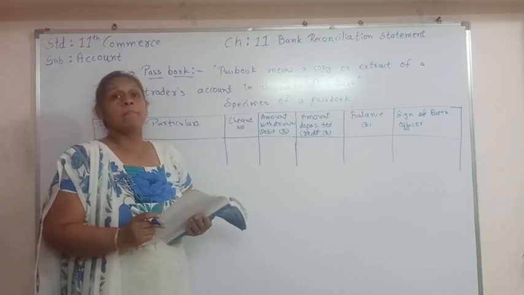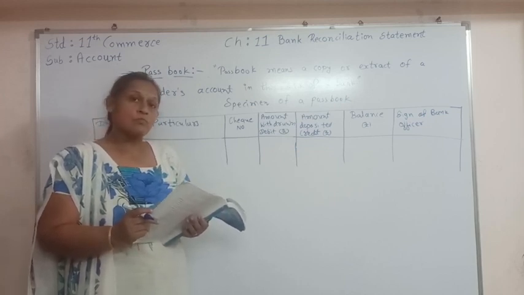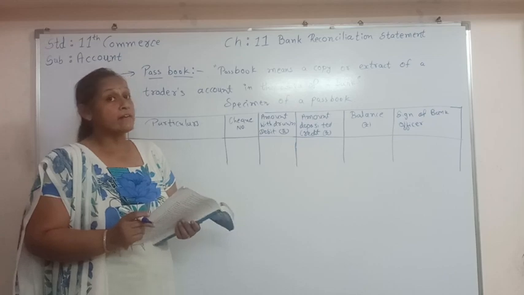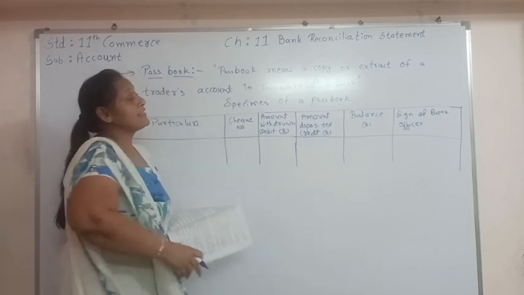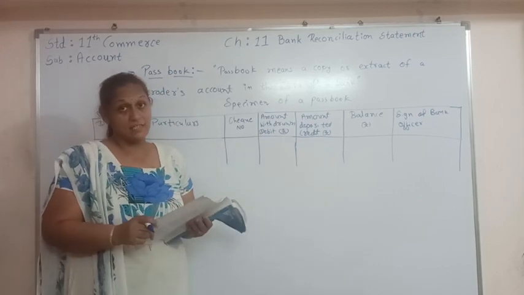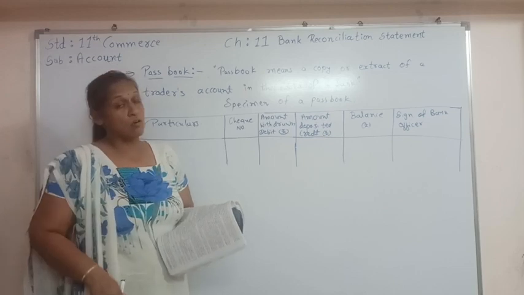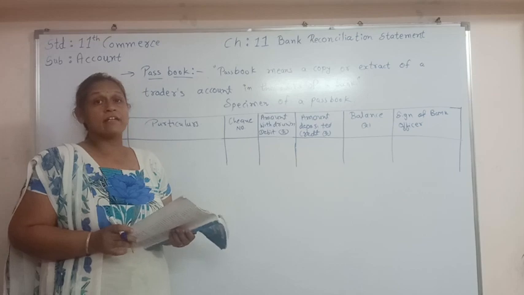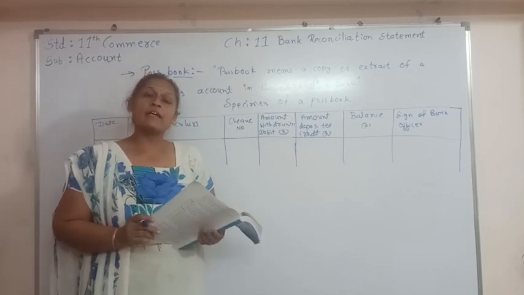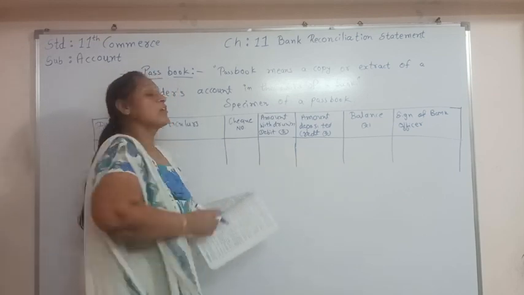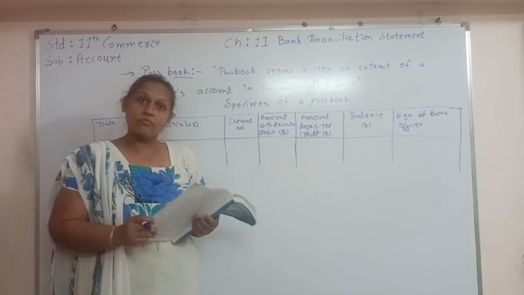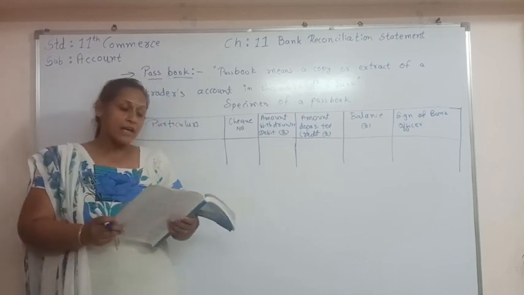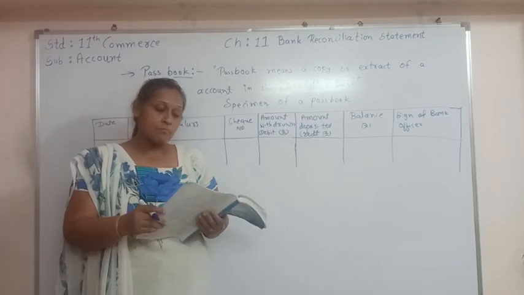In the passbook it is a credit balance, exactly the reverse of the cash book. Whatever the overdraft is, it is on the credit side of the cash book, so it is on the debit side of the passbook. So it must have the opposite balance.